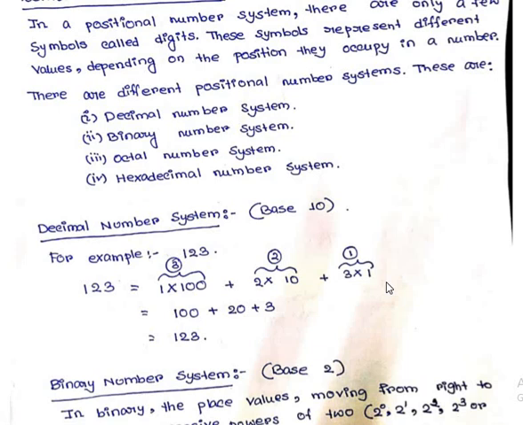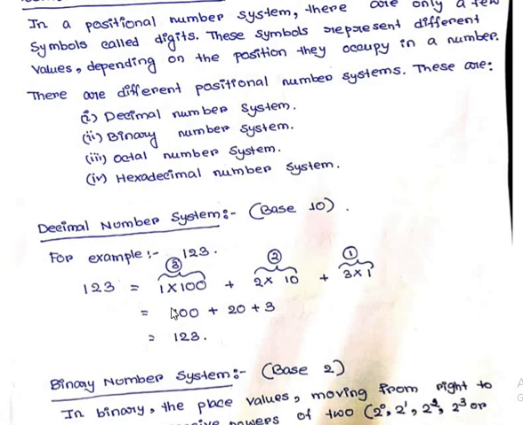What was our example taken before? Now I think it is clear. So in the case of the decimal number system, the base is 10. What I have to do is take each digit from right towards the left and multiply it with 10, and the power of 10 will increase from right to left by 1.